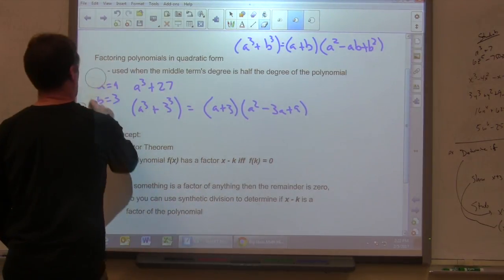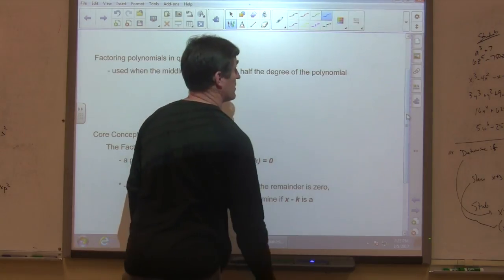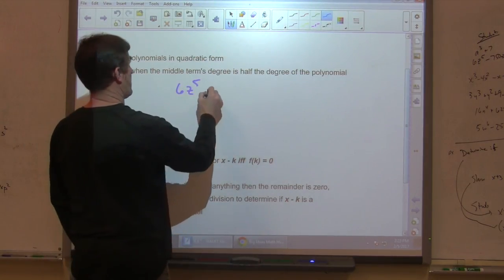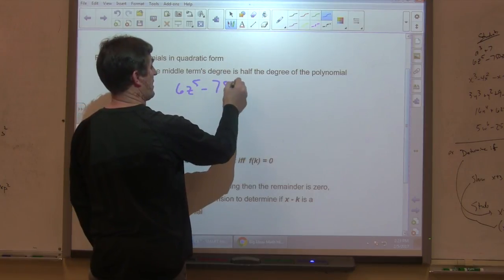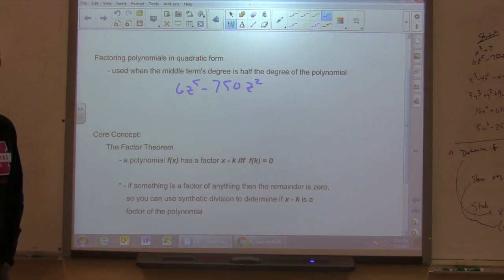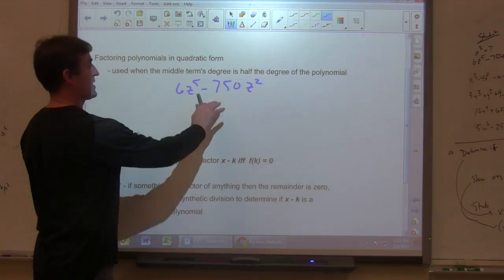So a second one to try. Six z to the fifth minus 750 z squared. So try that, then come back. Hopefully the first thing you recognized was the greatest common factor.